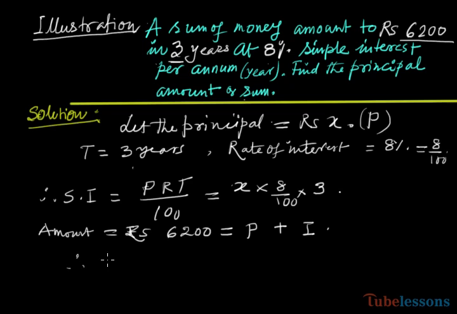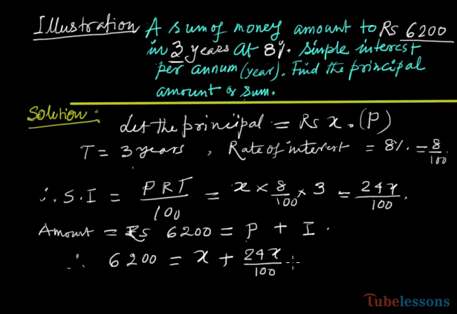Therefore, we get an equation: 6200 is equal to the principal amount we have taken, x, plus the interest we have taken. So you can write 8 into 3, that is 24x by 100.